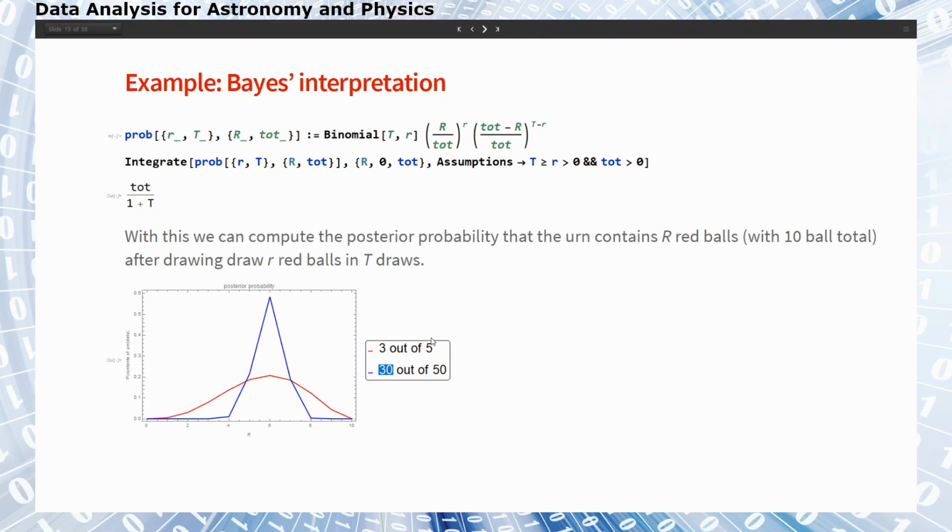So it gives our probability distribution a much more defined shape. It's much more unlikely to have 3 or 4 red balls in the urn when we get 30 out of 50 draws red, while when we only drew 5 balls, having 4 red balls is still not an unlikely scenario.